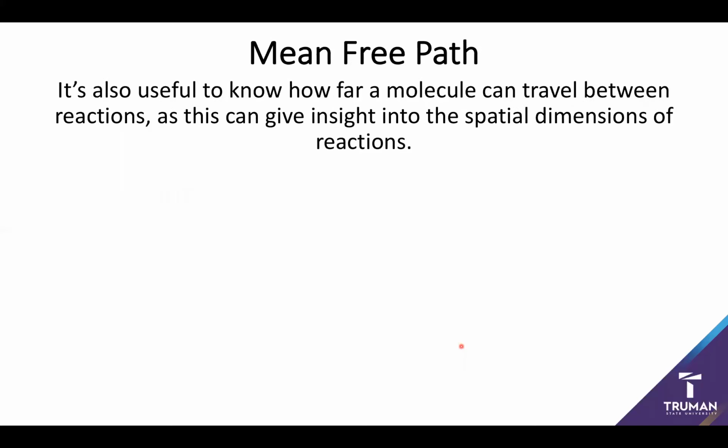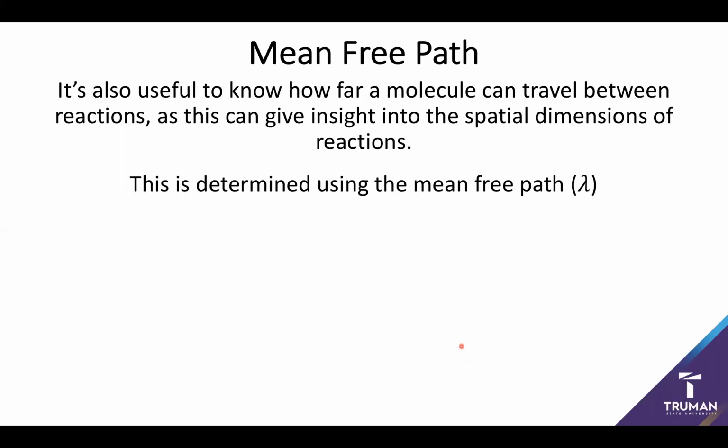So what we can do is express this as the mean free path. Essentially, this is how far a gas molecule will travel before it hits something. And this can be expressed as a ratio of the speed of the molecule per how many collisions happen per second.